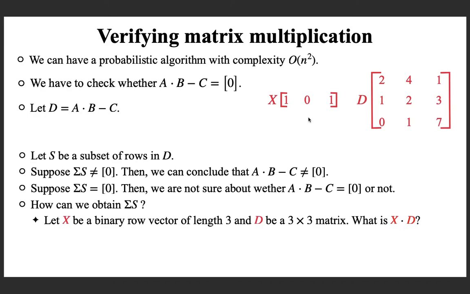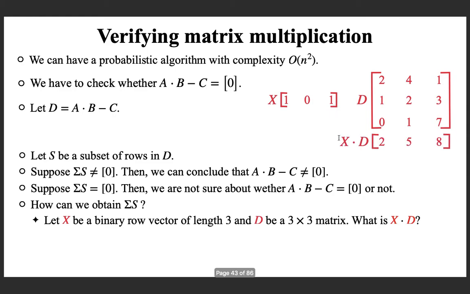Then what is the product of X and D? If you multiply X, a 1 by 3 matrix, with D, a 3 by 3 matrix, you will get a 1 by 3 matrix. So you will get the result as a row vector of length 3 itself.